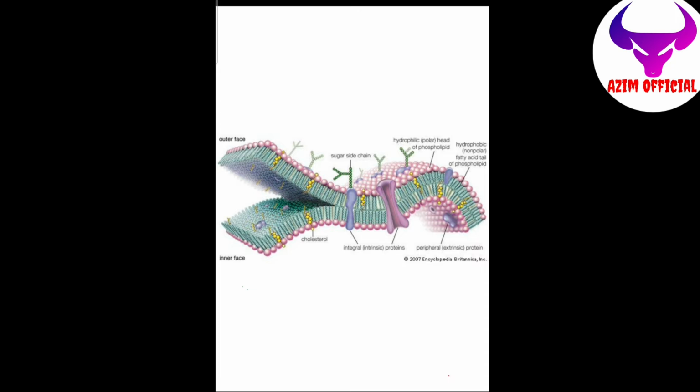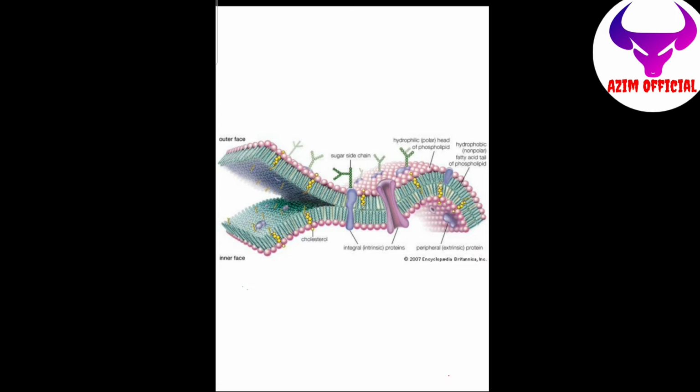The glycocalyx of one cell attaches to the glycocalyx of another cell. So one cell can attach with another by this glycocalyx. Many of the carbohydrates act as a receptor substance.